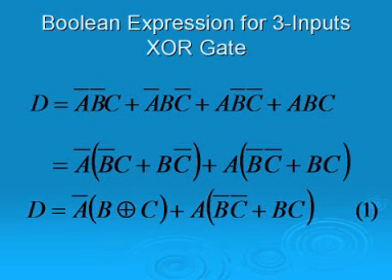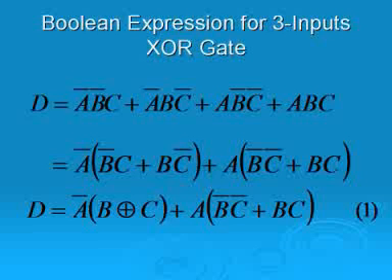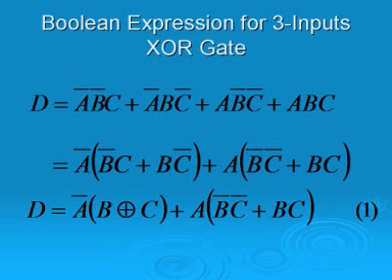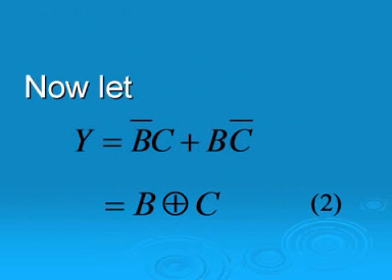Now, we can show very easily that B bar C bar plus BC is nothing but (B XOR C) whole bar. This can be done in the following manner. Let us assume B XOR C is equal to Y. Then Y is equal to B bar C plus B C bar.